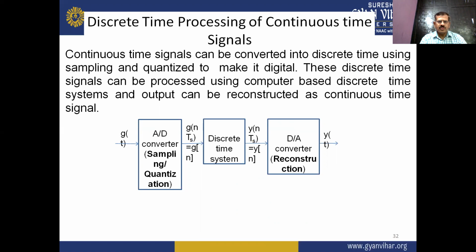In this diagram, an analog signal is applied to the analog to digital converter, or sampling and quantization network, and after sampling and quantization the output is applied to the discrete time system, and the output of the discrete time system goes to the D to A converter, or reconstruction.